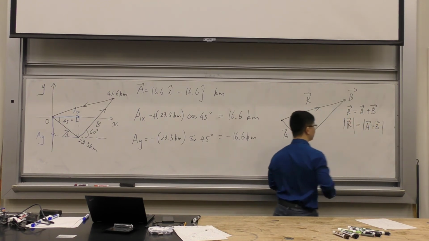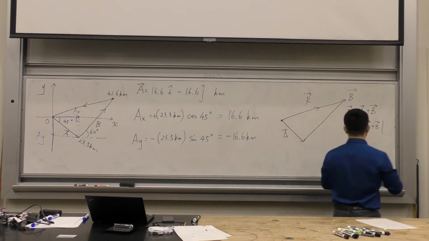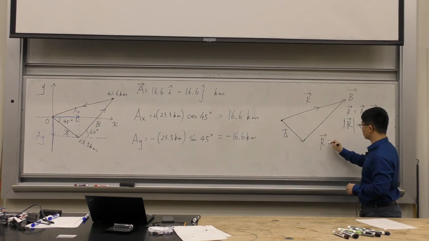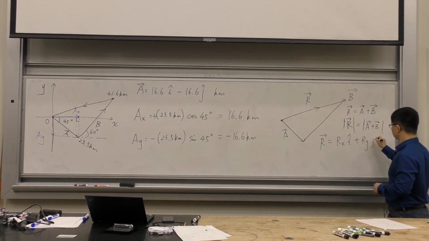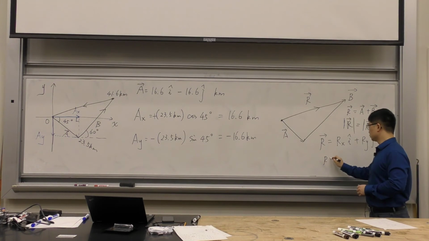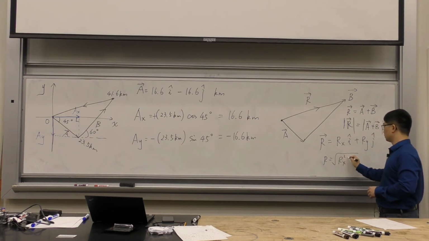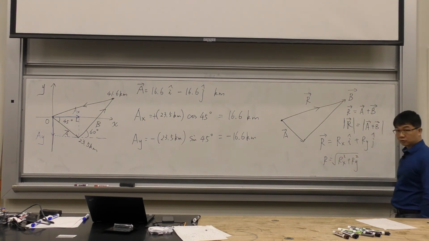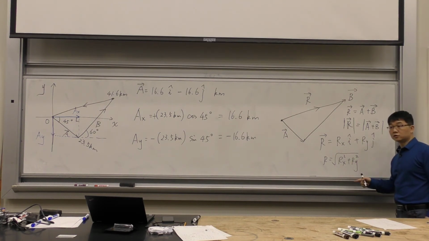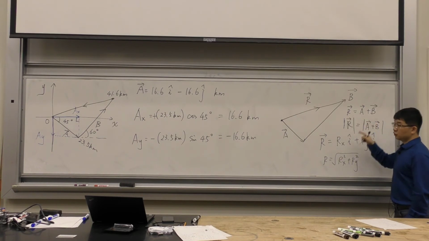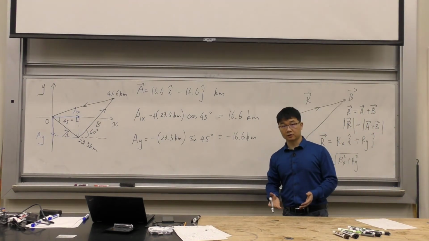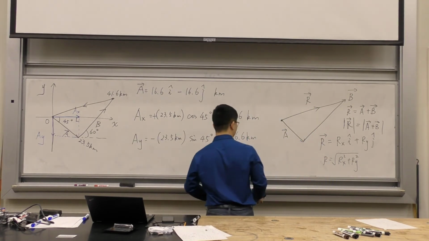How do you find the magnitude of this vector? Well, if I have the components of this vector, I would just do x squared plus y squared, then find this magnitude. How do I find the x and y components? That's when we use the component form. Remember, if you want to add these two vectors together, you just add all the x components together and all the y components together.